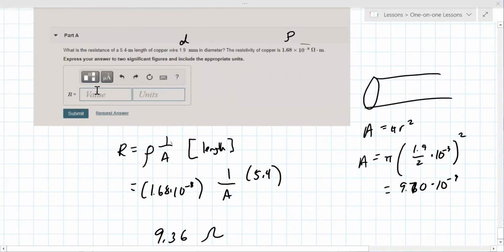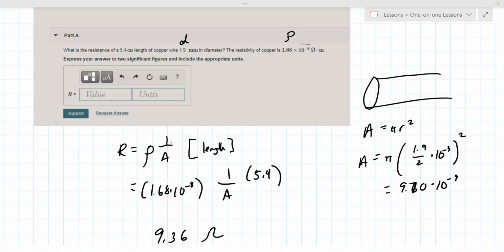1.68 times 10 to the minus 8, 1 divided by A. A is pi r squared. Oh, there's my error. Okay, so I made an error in the area calculation.